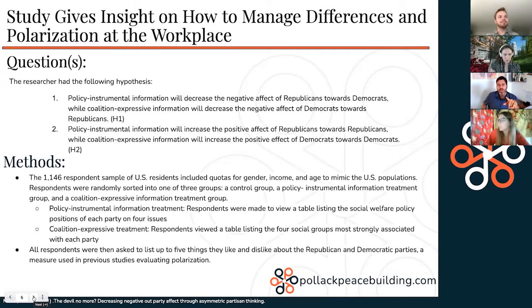So the way that they measured the result, the instrument that they used, was the number of things they said they liked versus the number of things they said they disliked. Was that the measure? They had to list up to 5 things. That's a good question. I thought that it was just, let me see. Yeah, I think you're right.